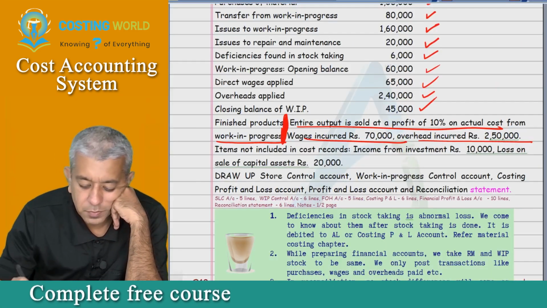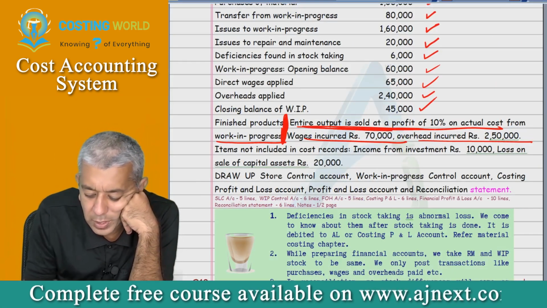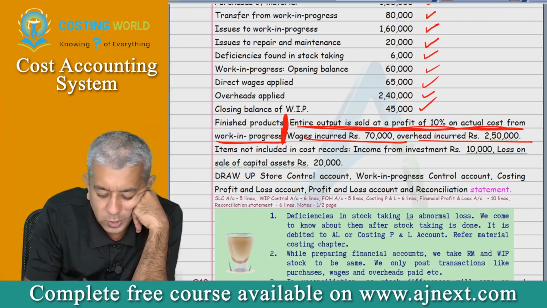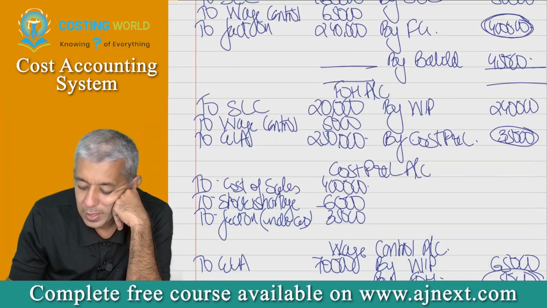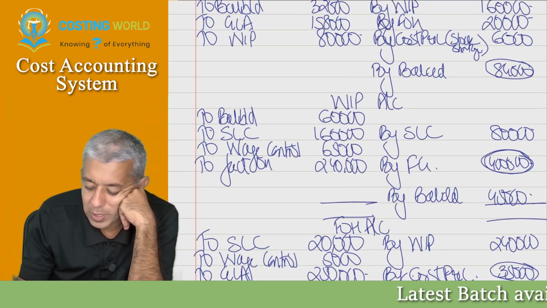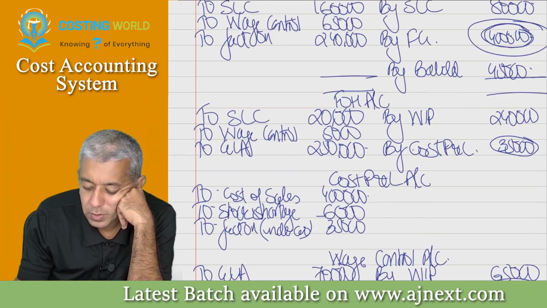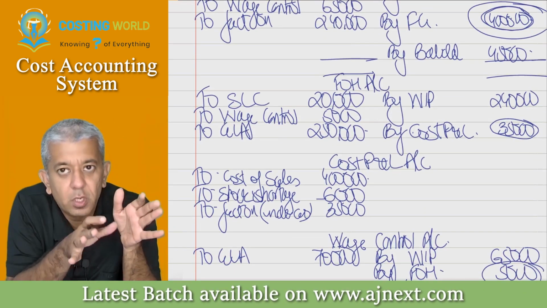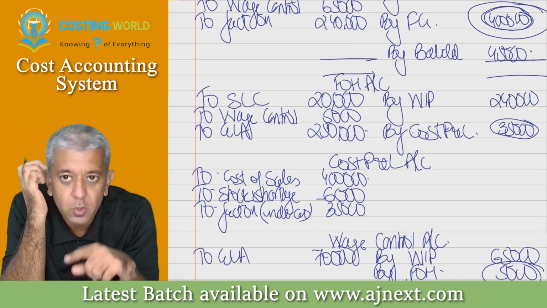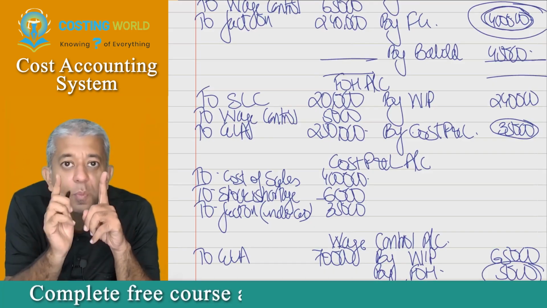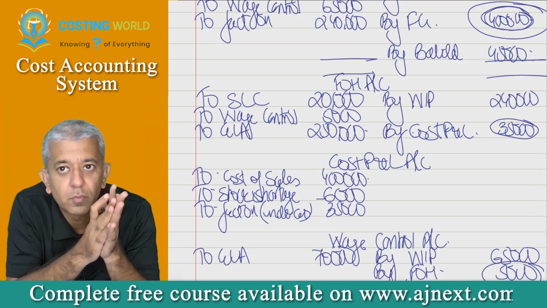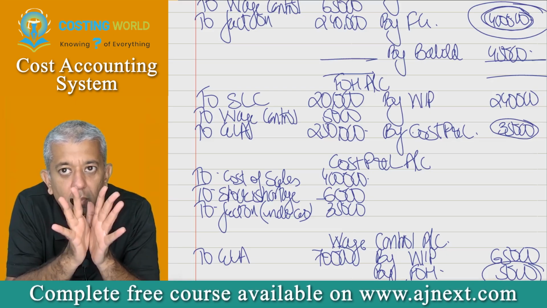Further, listen. Entire output is sold at a profit of 10% on actual cost from WIP. Can we say actual cost from WIP was 4 lakh rupees, no? Whenever these goods were sold, they were sold at this cost plus 10%. Can you say sales will be 4,40,000? Yes, sir.